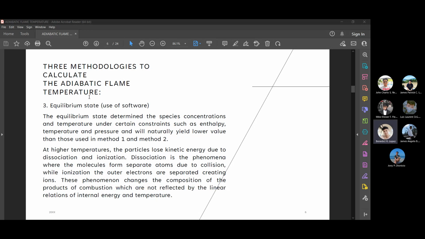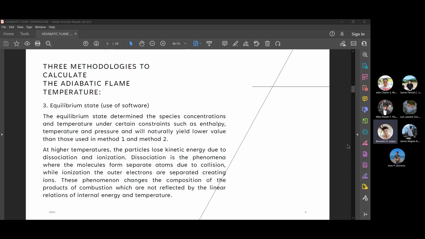For the equilibrium state, it determines the species concentration and temperature under certain constraints such as enthalpy, temperature, and pressure, and will naturally yield a lower value than those of method 1 and method 2. At higher temperatures, the particles lose kinetic energy due to dissociation and ionization.